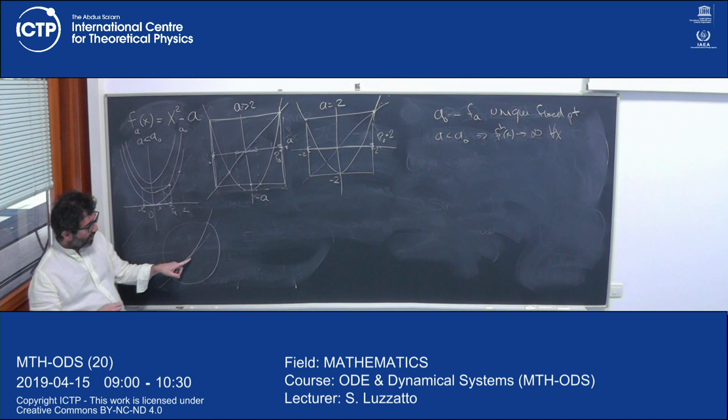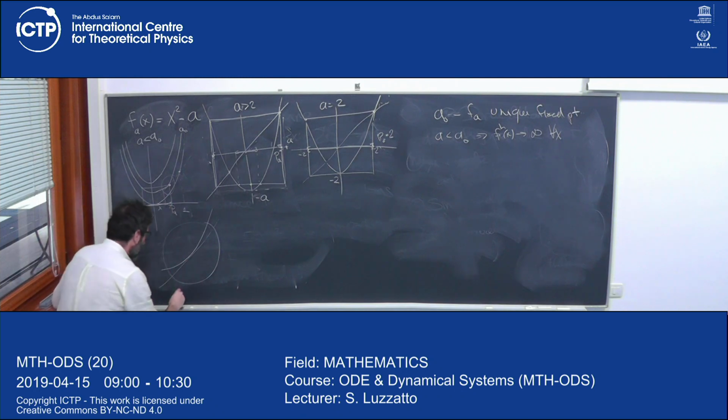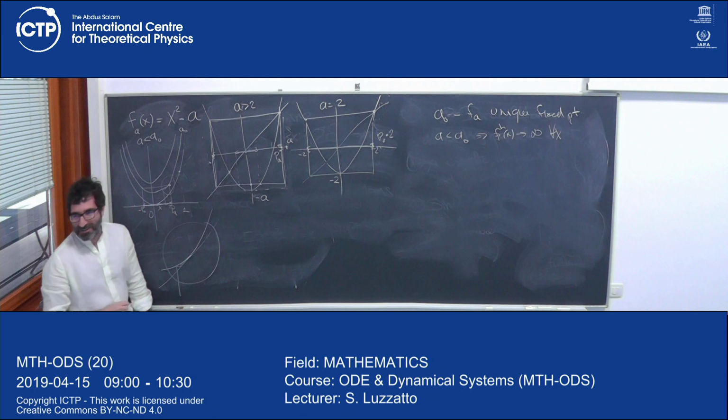Okay, so there's no fixed point, but it's very close. So what happens when you iterate a point, you've got a point here, and you iterate it, and it goes like this. But as you can see, it is taking a long time to get past.